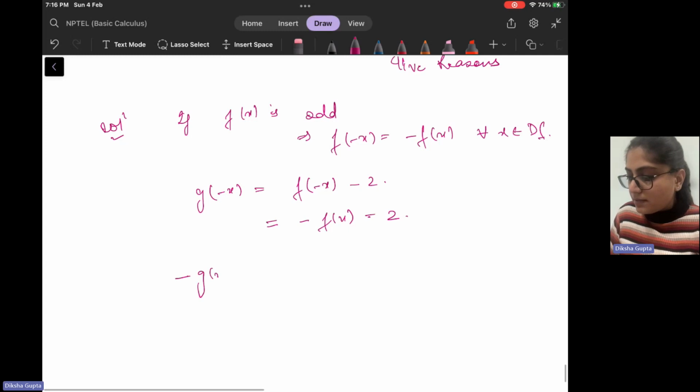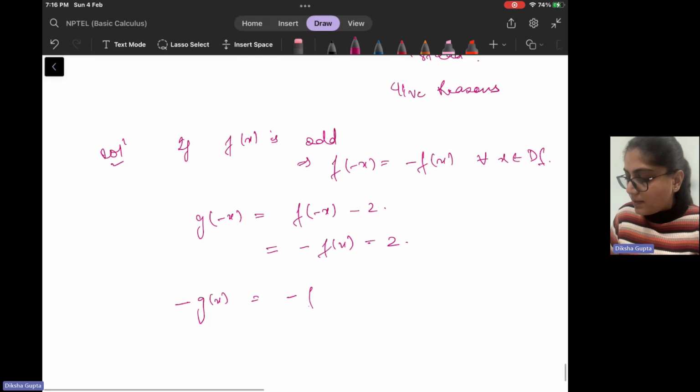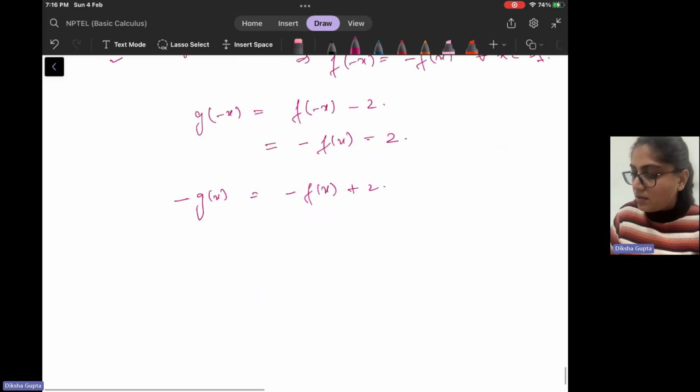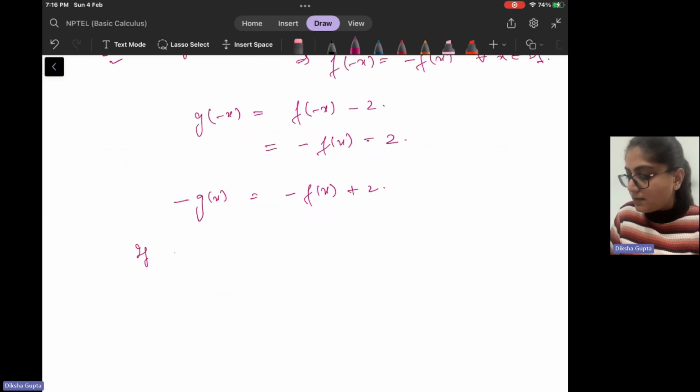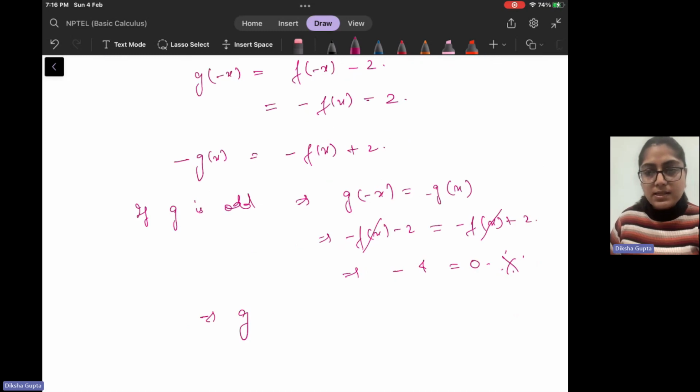And minus g(x) is minus f(x) plus 2. So if g is odd, it implies g(minus x) equals minus g(x), which implies minus f(x) minus 2 equals minus f(x) plus 2. So this gets cancelled, so it implies minus 4 equals 0, which cannot happen. So at least what we are certain about g is that g cannot be odd.